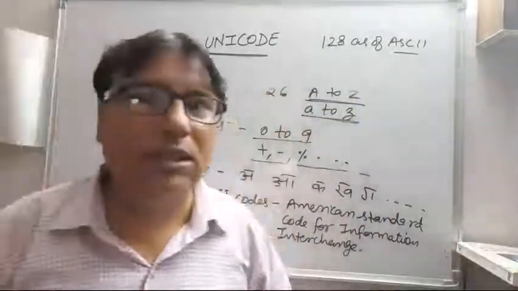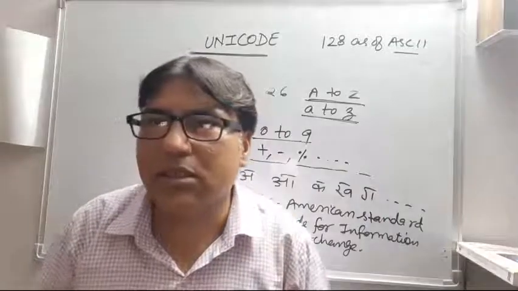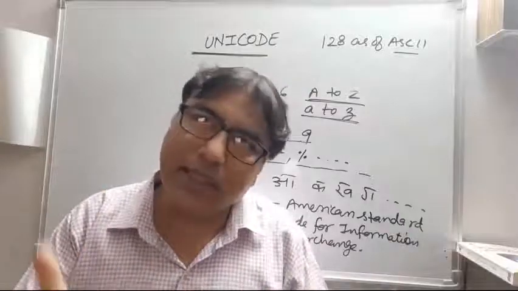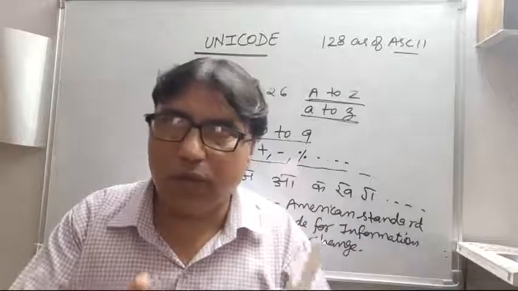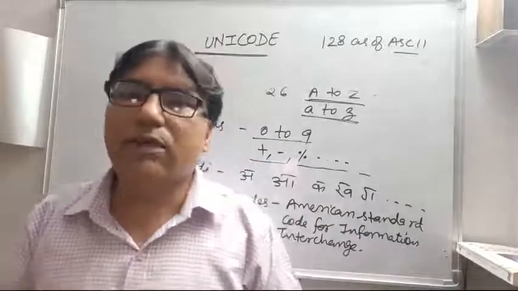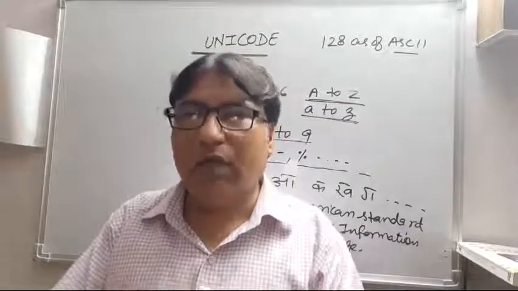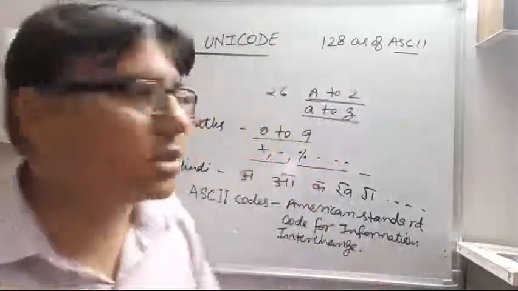We cannot learn them. So whatever character set we require is available in the Java language. So first of all, when we install the Java language, we have to select the language which we want Java to support.